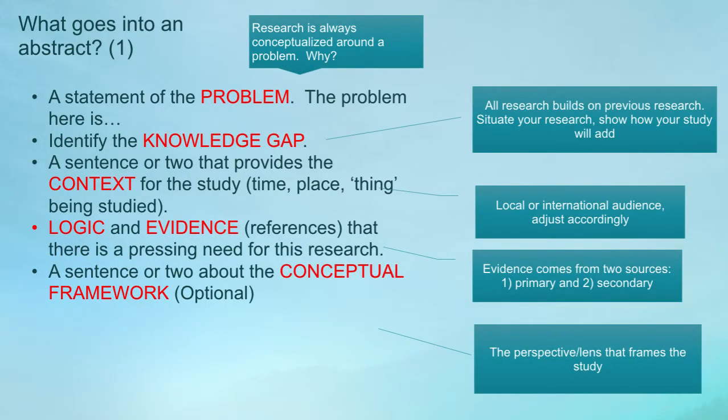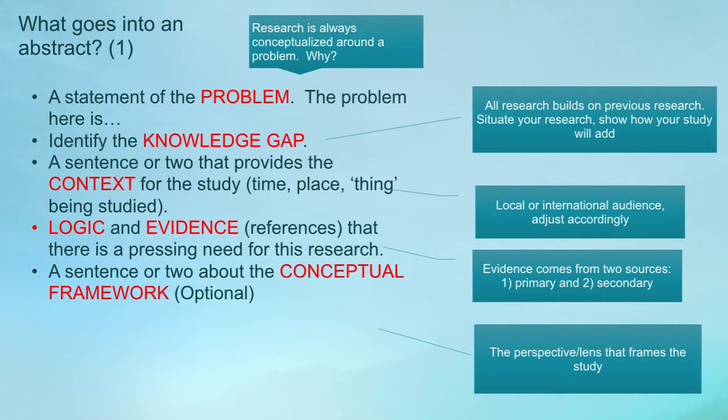Okay, now we're moving on to what goes into an abstract. And if you've seen any of my other presentations before, you will be familiar with some of this, which I've taken from Sharon Merriam. Okay, so the first thing that goes into an abstract is a statement of the problem.